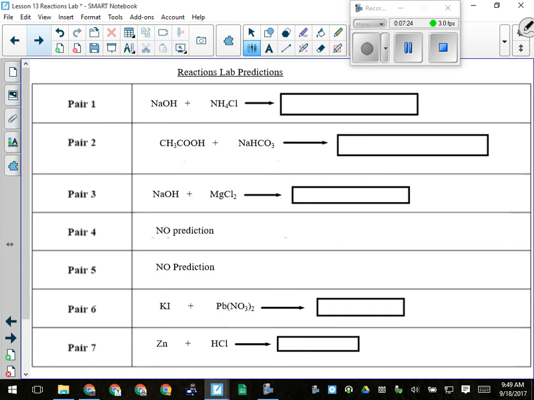I'm not really looking at whether your predictions are actually going to be correct, as opposed to you did a pretty good job of predicting what should have happened according to what we've learned. So in this first reaction, who should switch places?